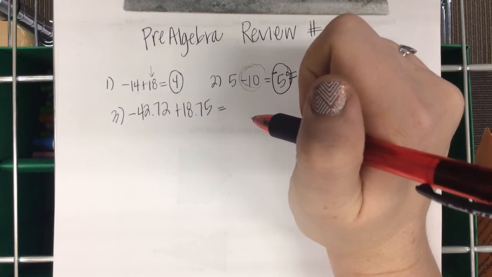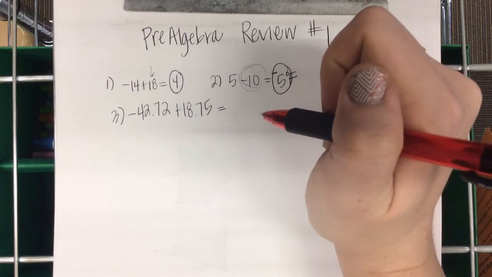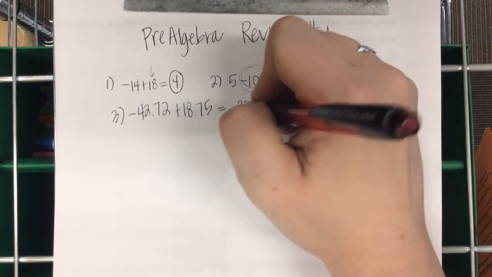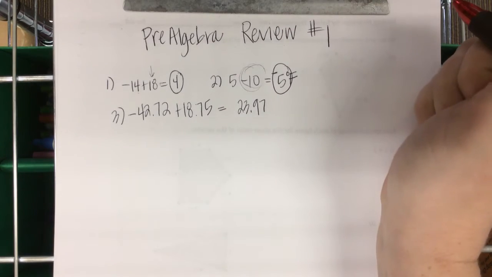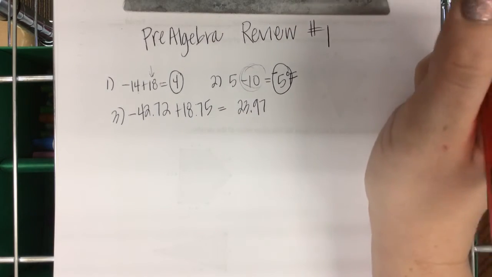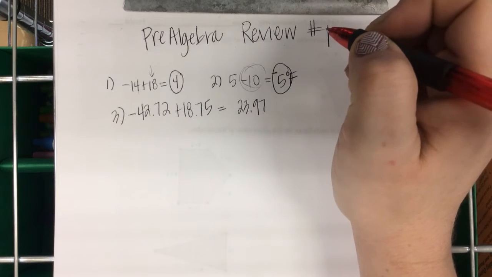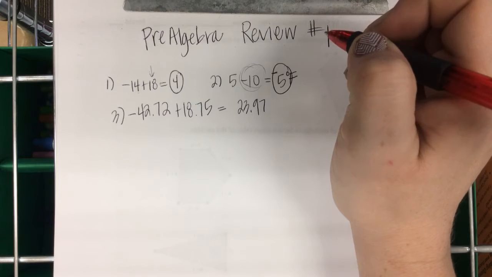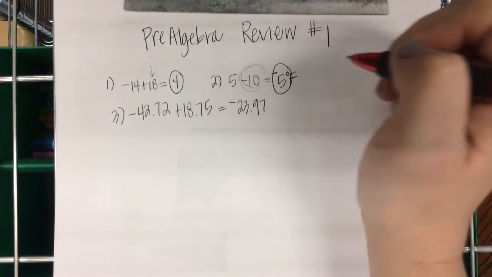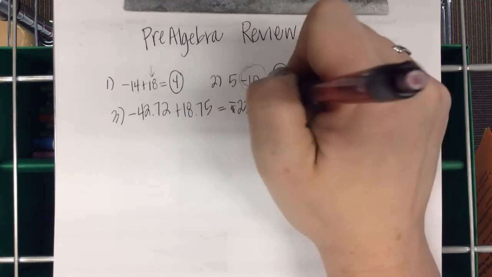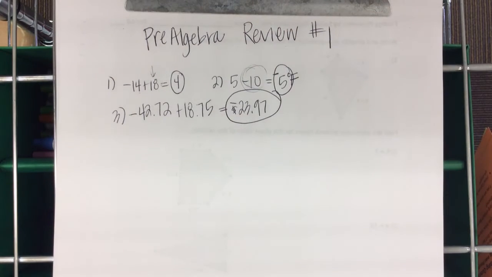What's $42.72 minus $18.75? $23.97. Positive or negative? Negative, because that's how much she still owes, so it's still negative.